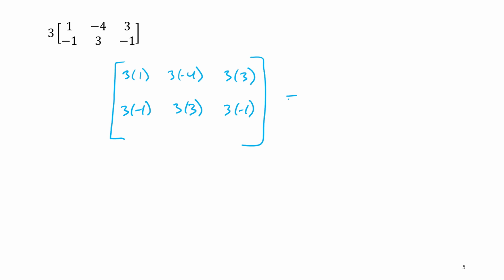If we plug those values into a calculator, or do the mental math, you would get 3, negative 12, 9, negative 3, 9, and negative 3. And that would be your answer for this one.